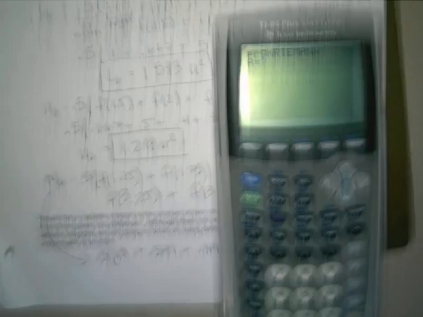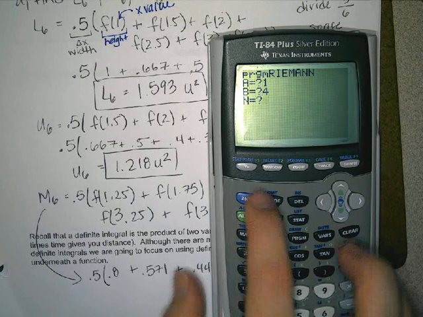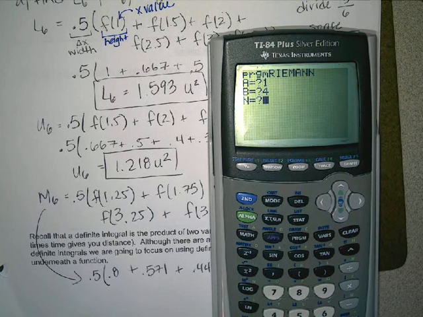So A is 1, B is 4. The other thing you have to make sure you've done already is put your function into y equals, the 1 over x, otherwise it's not going to know what function to use. What's the N? N is the number of rectangles. 6.